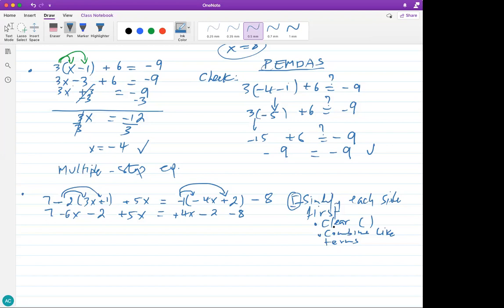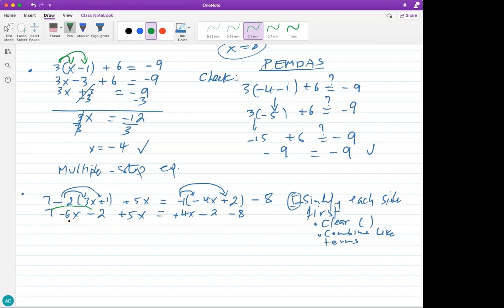Back to this side. So after clearing the parentheses, we need to combine the like terms. Okay, what like terms do we combine here? We're going to combine the 7 with which term from here? The like term to 7 is this, -2.